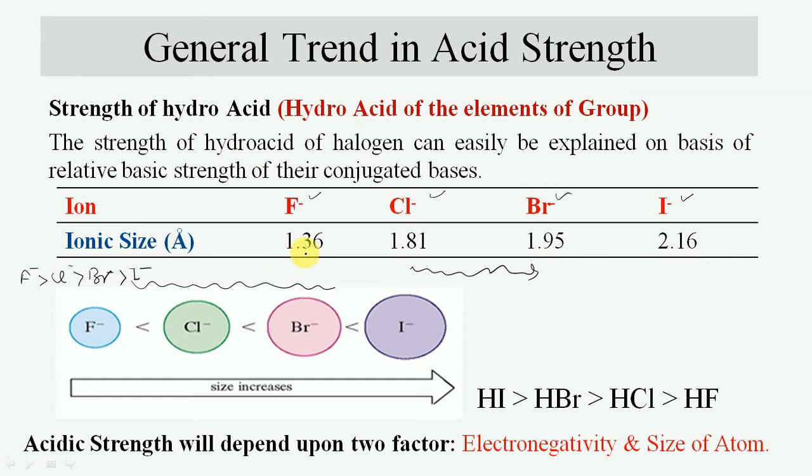Now we know a strong conjugate base means a weak acid, and a weak conjugate base means a strong acid. Therefore, fluoride is the strongest conjugate base.